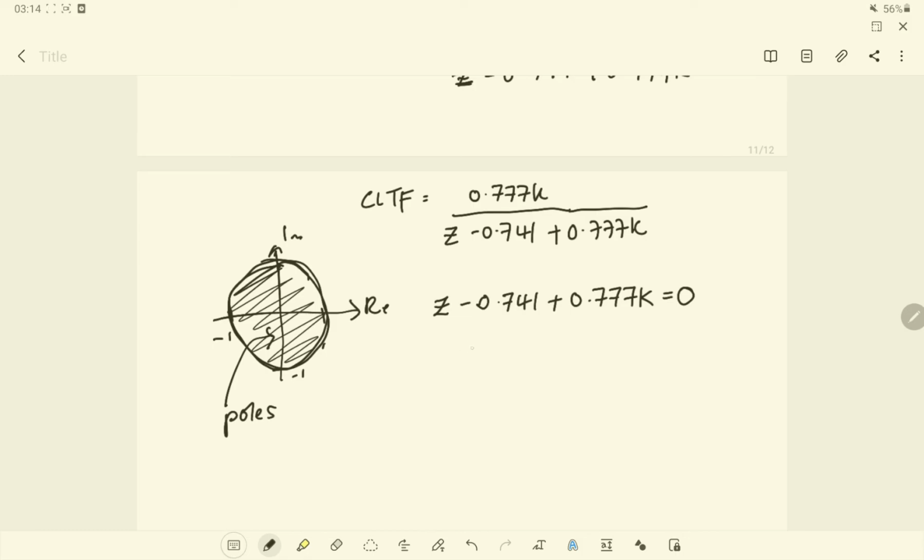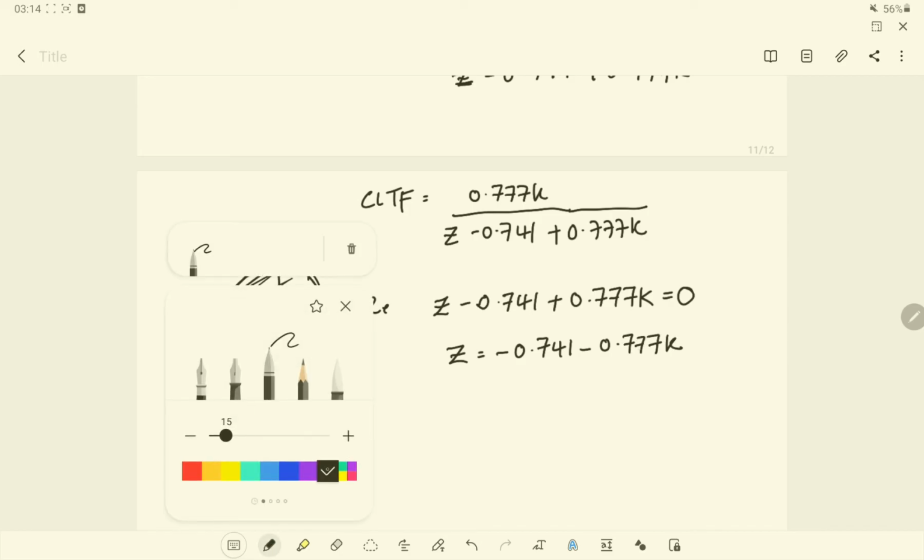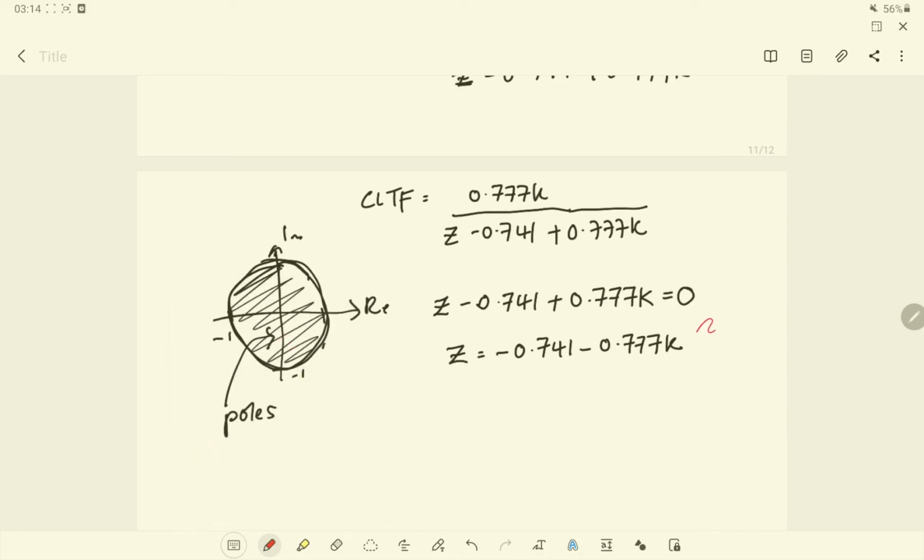From here you will get Z equal to negative 0.741 minus 0.777K. So based on the equation of Z, the value of Z is on the real axis.